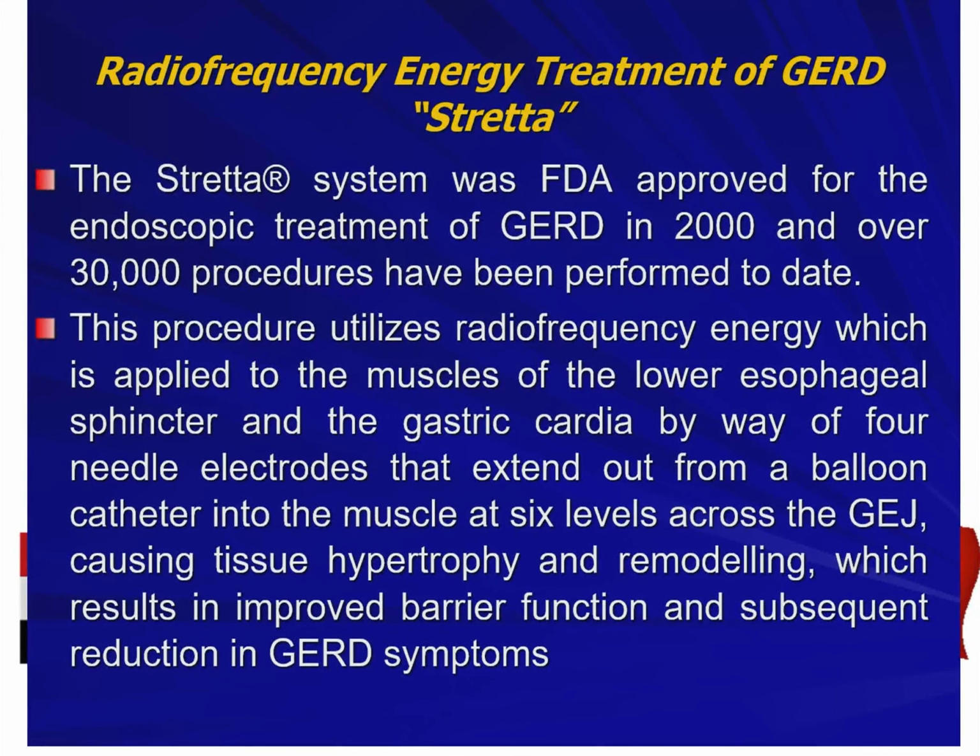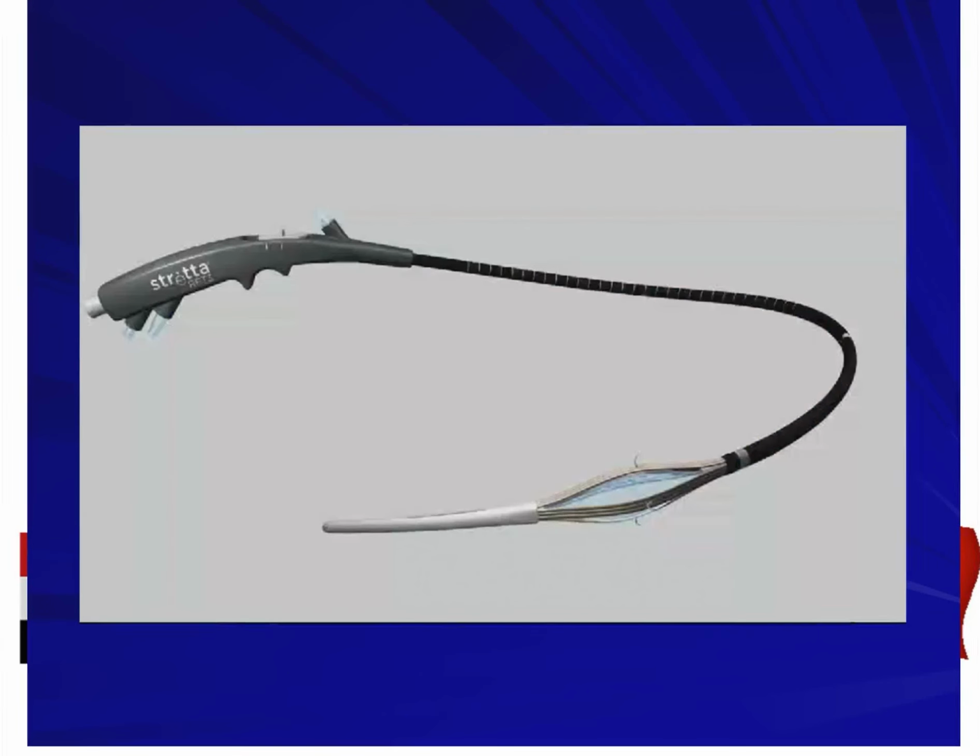The rationale of this technique is that we deliver radiofrequency current to the distal esophagus. This is the catheter. It's introduced through the mouth, and when we reach the gastroesophageal junction, the balloon is inflated, and needles come out to deliver the radiofrequency current to the muscles of the gastroesophageal junction.